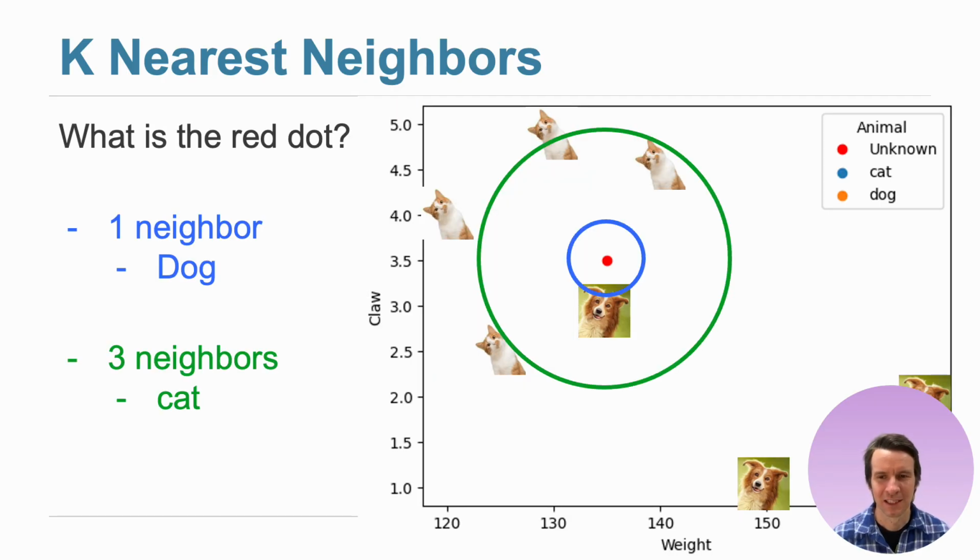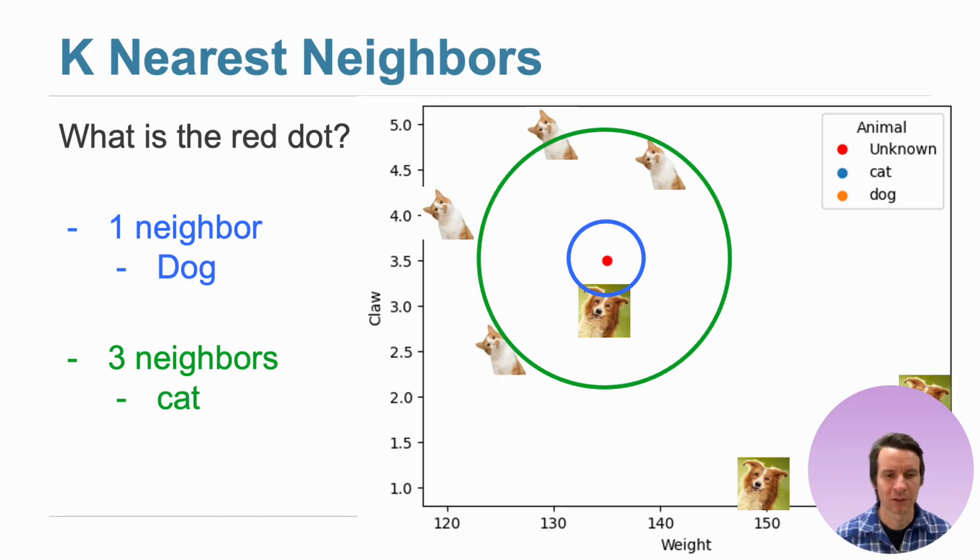So here it is. I have the red dot and the k nearest neighbors. K is a variable that you can change. So if you say I will classify the red dot by the first nearest neighbor, then the first nearest neighbor is a dog. So you would say the red dot that I measured is a dog.